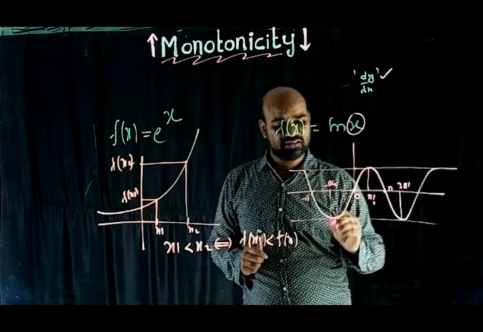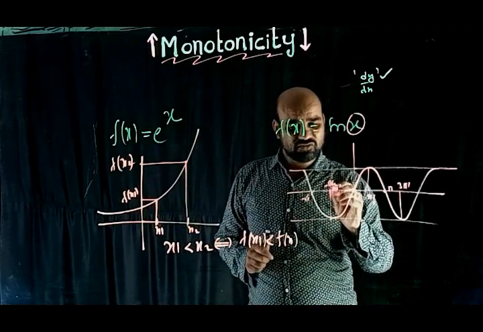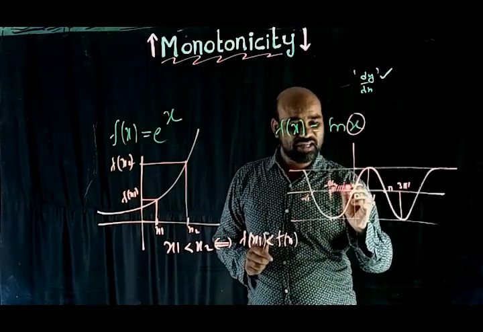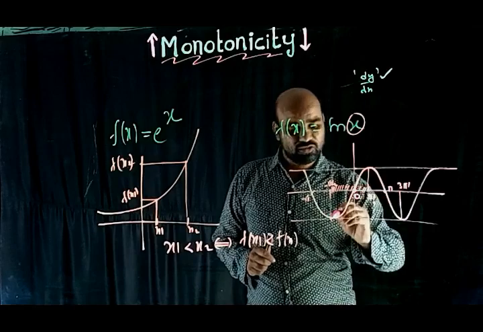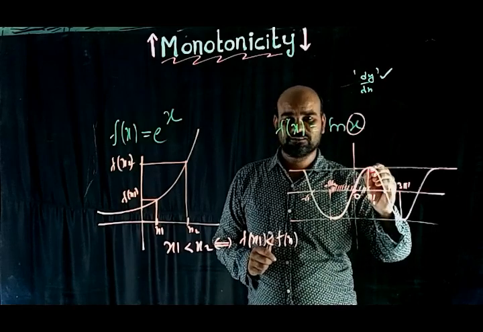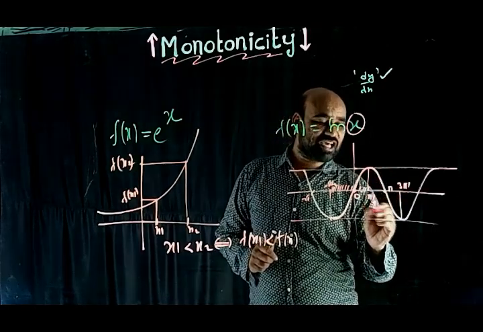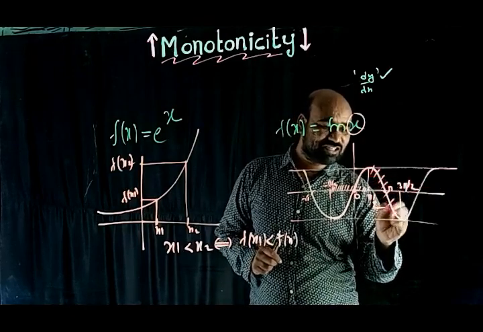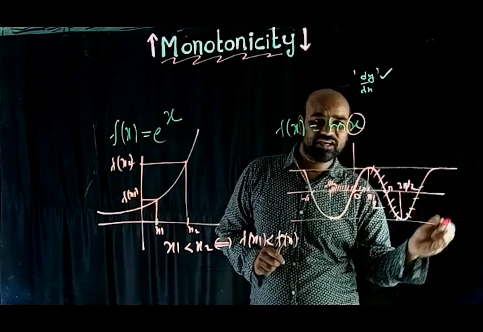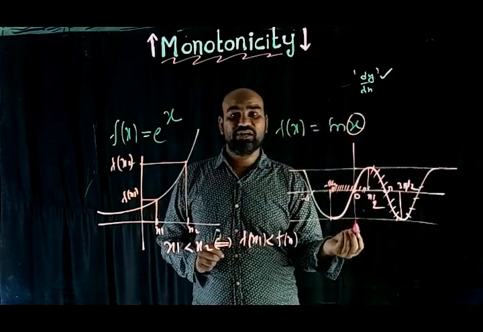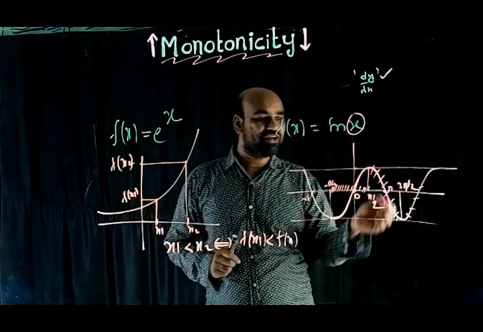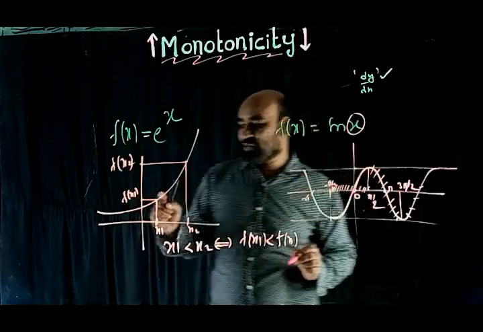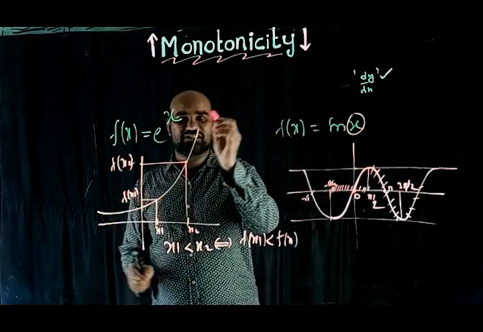Observe here, if the values of x are taken from minus pi by 2 to plus pi by 2, the function is increasing. The values of x taken from pi by 2 to 3 pi by 2, the function is decreasing. Again increasing, again decreasing. In some intervals the function is increasing and in some intervals the function is decreasing. But here, for e power x, throughout its domain the function is increasing.